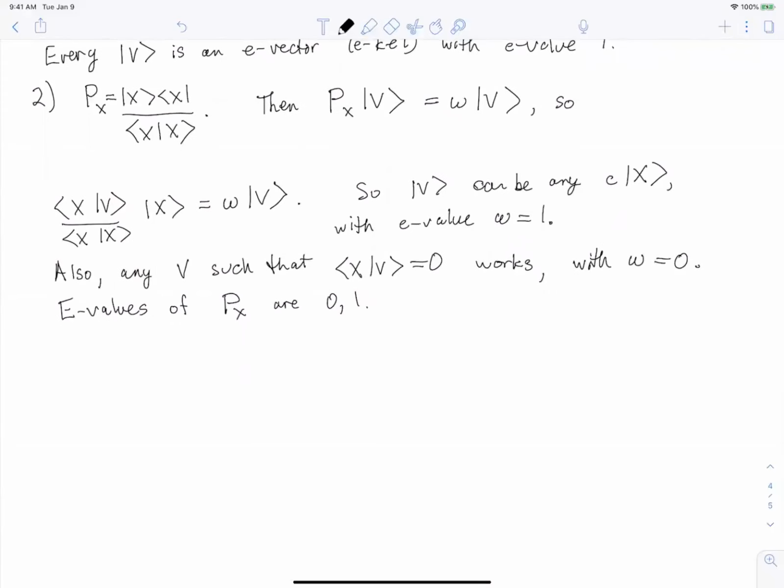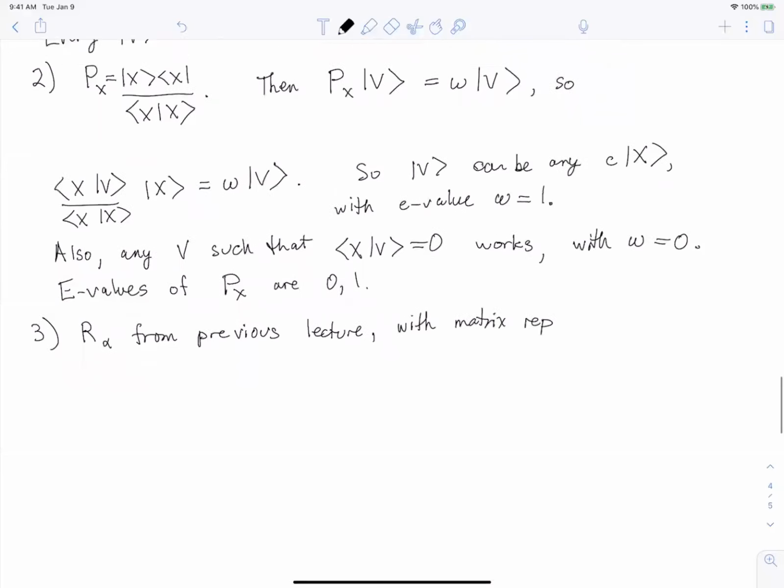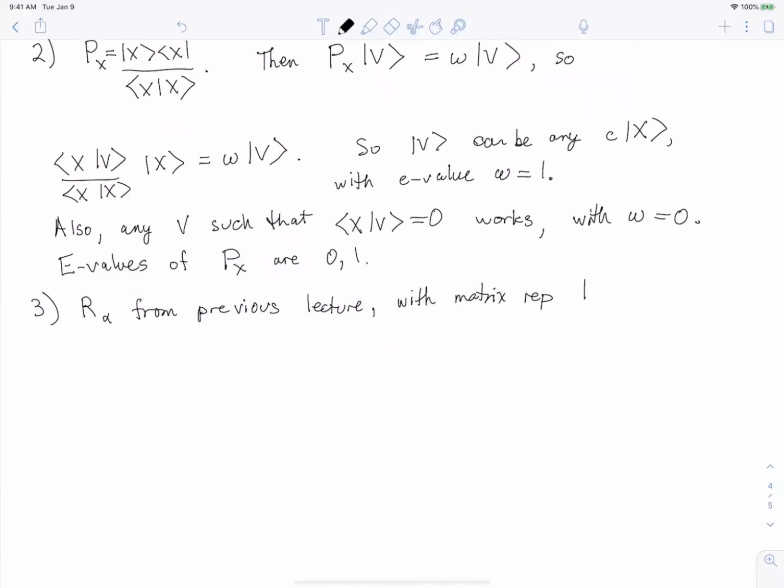All right, that was still too easy, so let's do a little harder example. I'm going to use the operator R sub alpha that I defined in the previous lecture, because we've already defined what it is. It had, remember, a matrix representation acting on 3 kets. The orthobasis kets we called 1, 2, and 3.